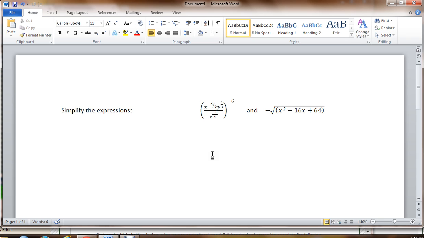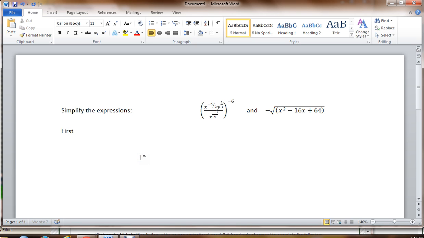Now, I have a choice here. I can either move the negative 5/4 to the bottom and make it a plus 5/4, or I can move the negative 3/4 up to the top and make it a plus 3/4. In this particular case, I'm going to choose to take the negative 5/4 on the top and move it to the bottom because 5/4 is bigger than 3/4, and then I'll end up with a positive exponent instead of a negative exponent.